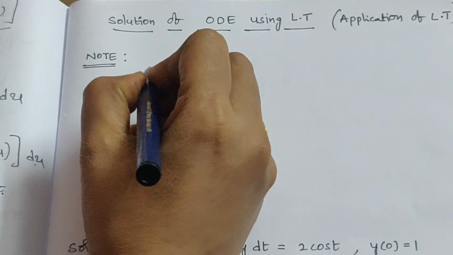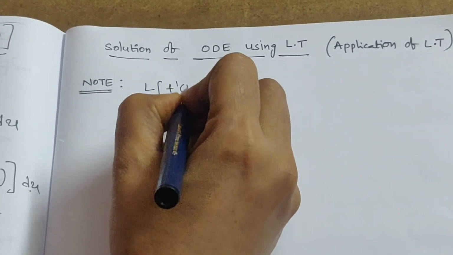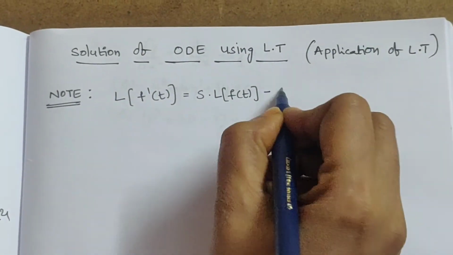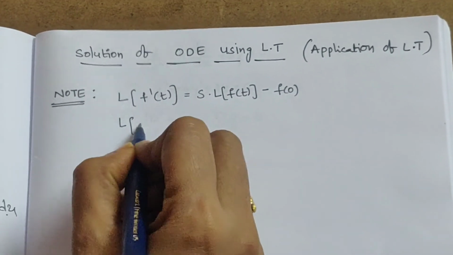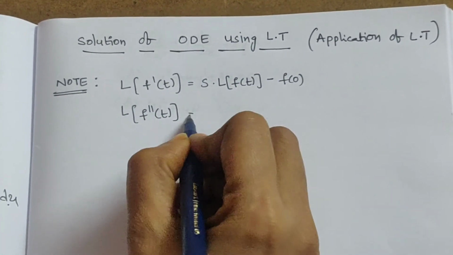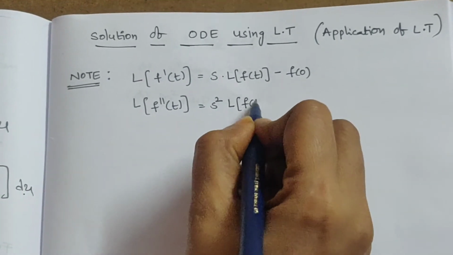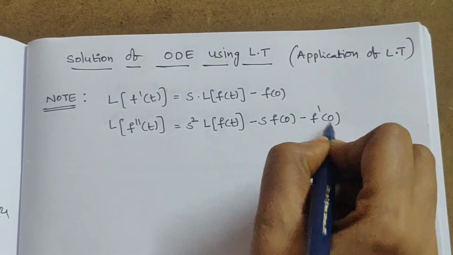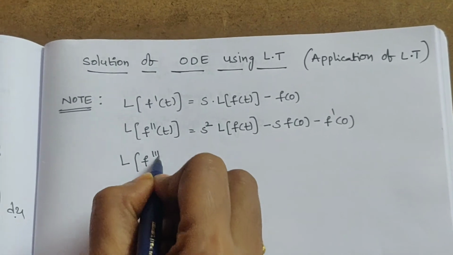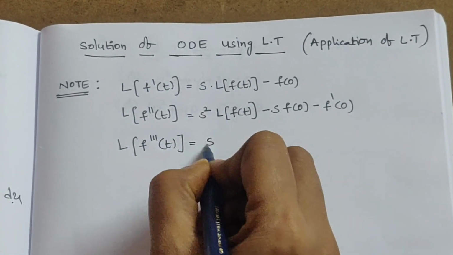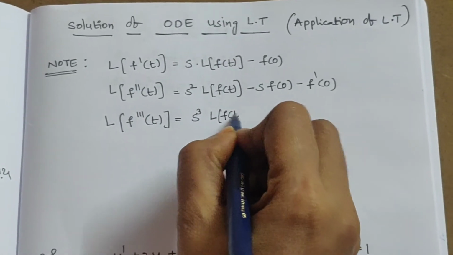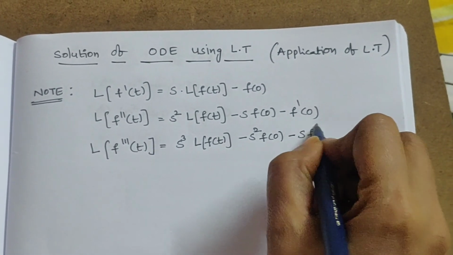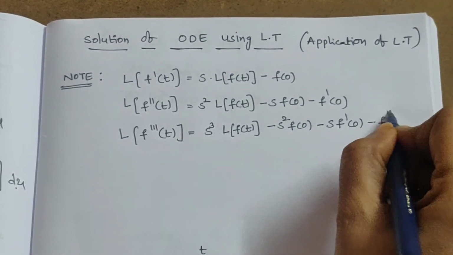Already we know that L of f dash of t equals s into L of f of t minus f of 0, and L of f double dash of t equals s square L of f of t minus s into f of 0 minus f dash of 0, and L of f triple dash of t equals s cube L of f of t minus s square f of 0 minus s into f dash of 0 minus f double dash of 0.